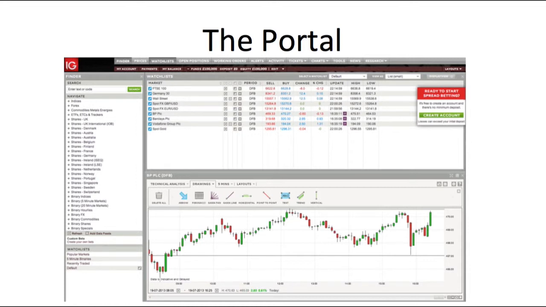based on professional level charting tools. A few years ago, even quite recently, they left quite a lot to be desired, whereas now we are starting to see a real turnaround in the level of charting ability a lot of these portals, the spread betting companies, provide.